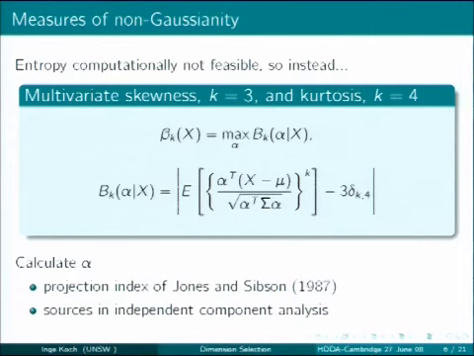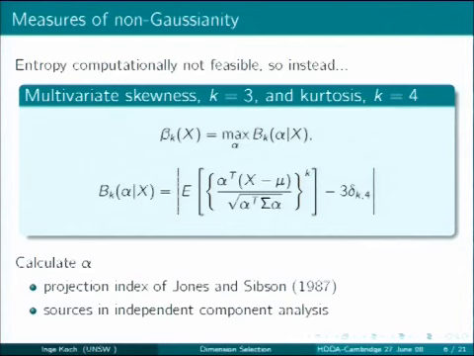So beta sub k, the k for 4 is the kurtosis, is the maximum over alpha, where the alphas come from a unit sphere in the appropriate dimension. There are a number of different definitions for multivariate kurtosis and skewness. This is the one I'm using, and I think it's reasonably well established, but there are other definitions around.